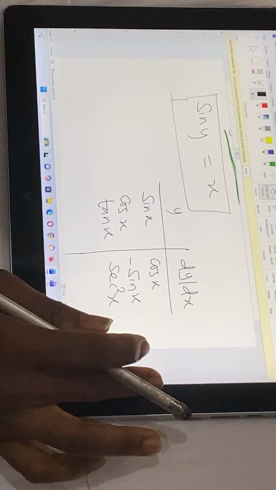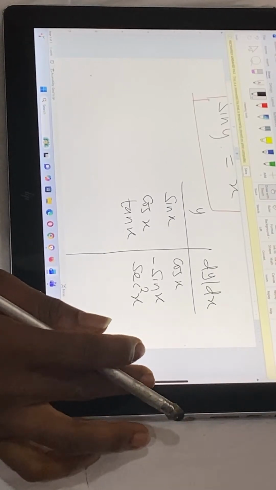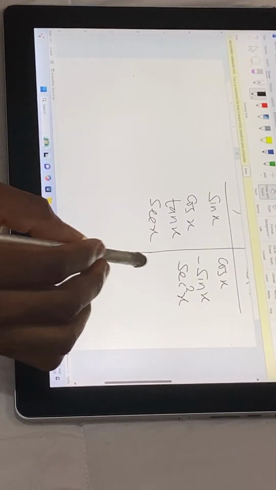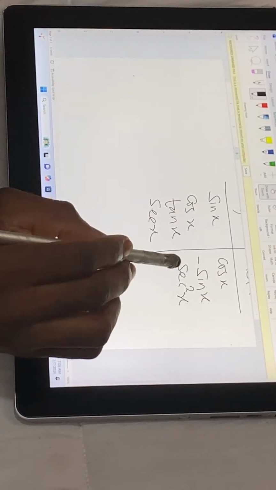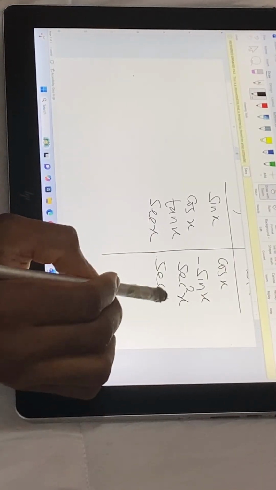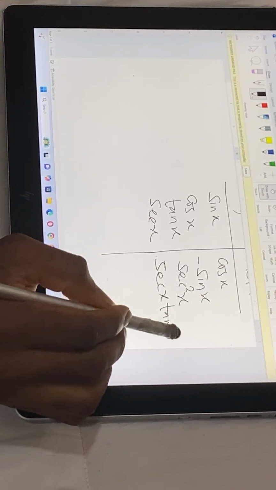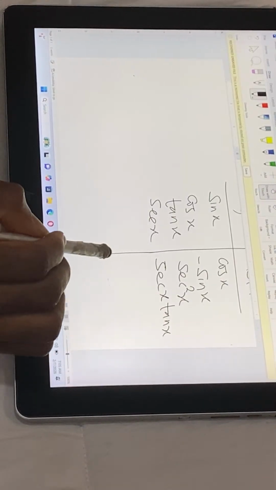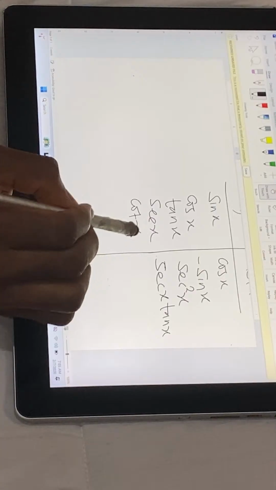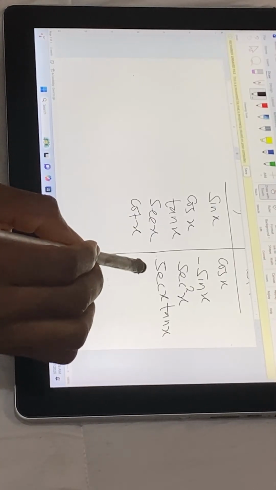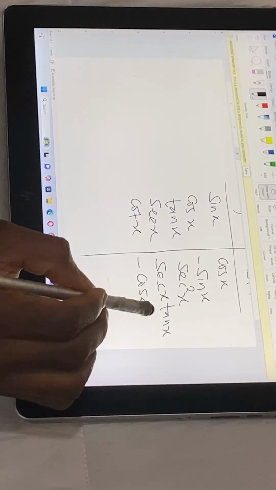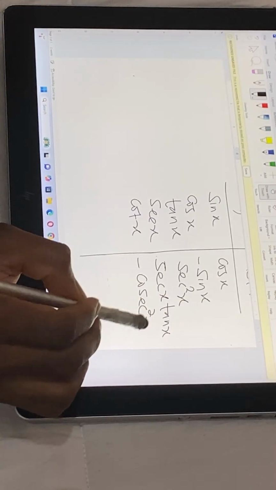If I have sec s, the derivative will be sec s tan s. If I have cot s, the derivative will be minus cosec square s.